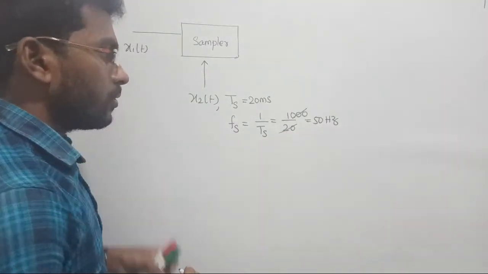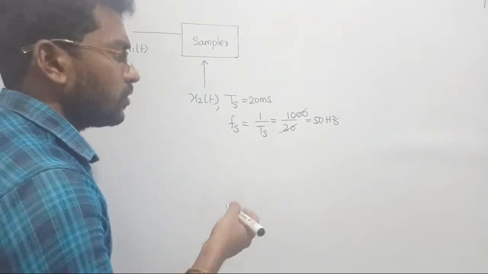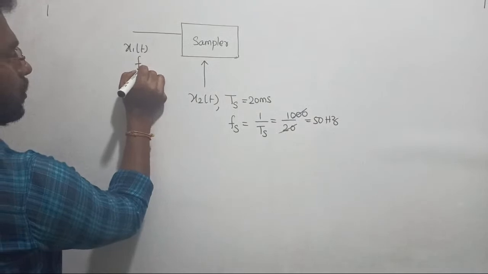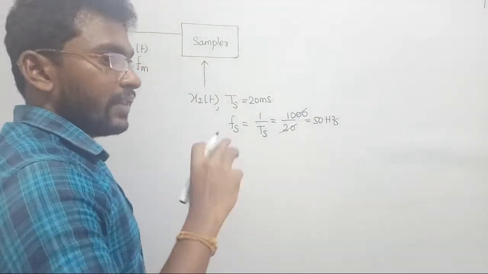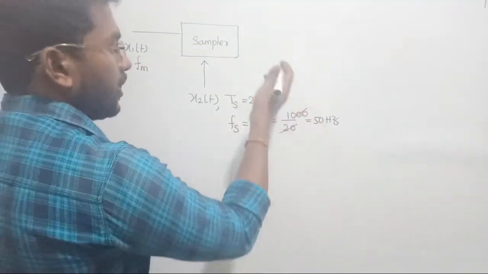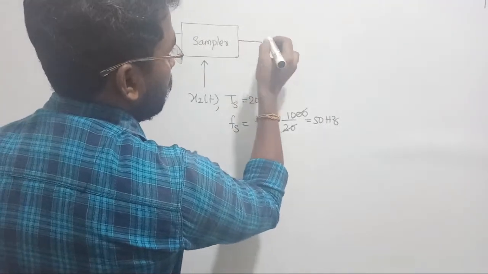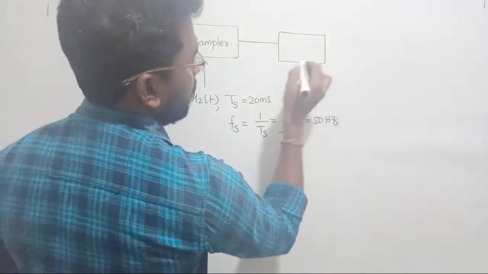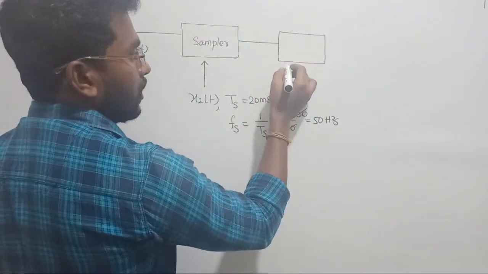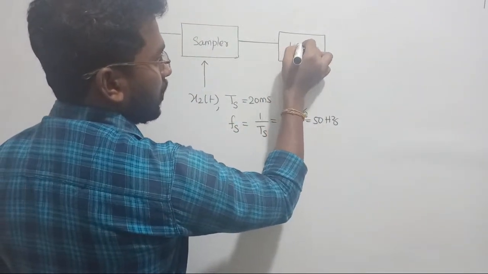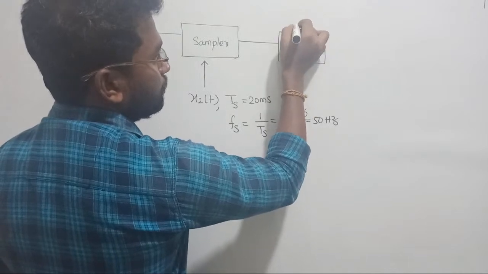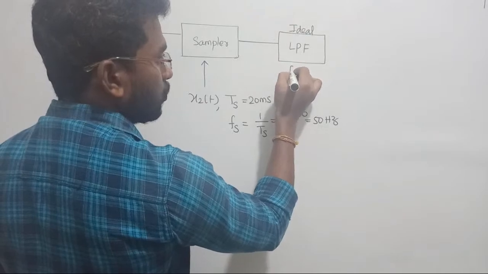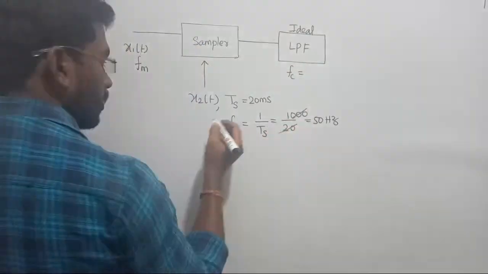We cannot directly define the maximum frequency, so let us proceed. The input frequency is not known, and the output frequency given is not known either. Let us check. The output is passed through the ideal low pass filter, whose cutoff frequency is given as 25 Hz.